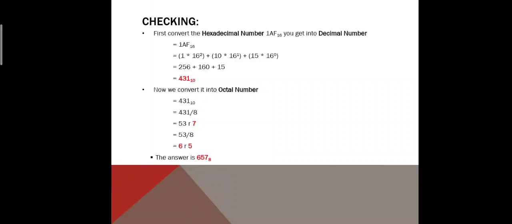So, 1AF base 16 equals 1 times 16. So, kaya 16 kasi yung base number nung hexadecimal. So, yun, 1 times 16 raised to 2 plus 10 times 16 raised to 1 plus 15 times 16 raised to 0.